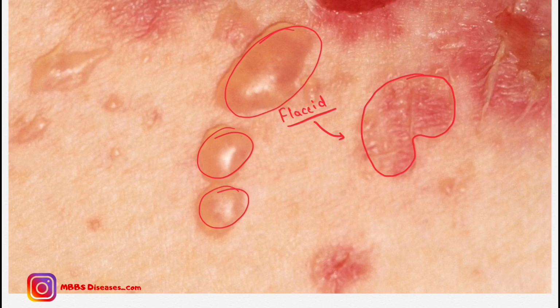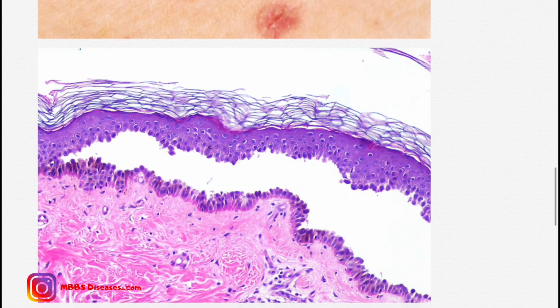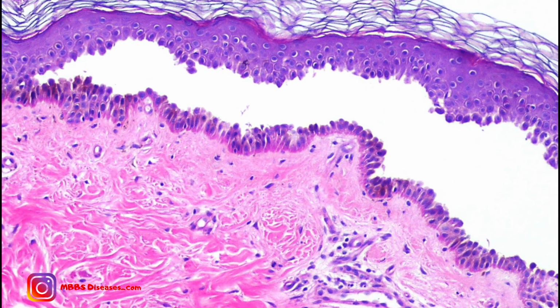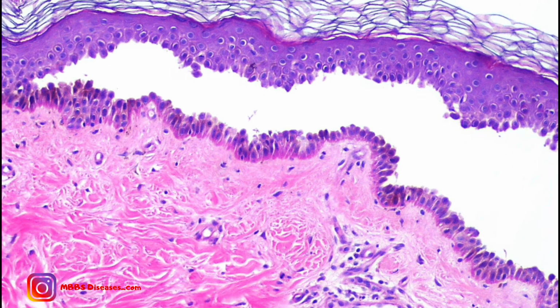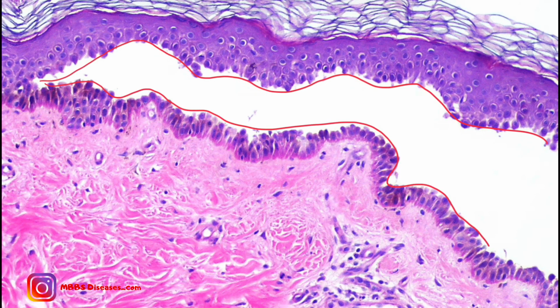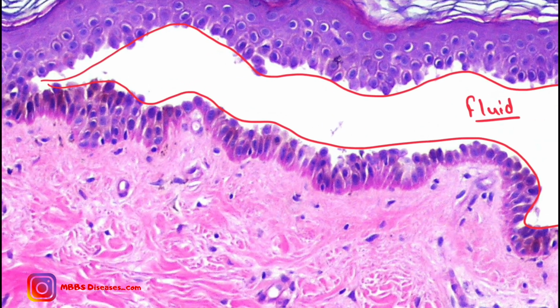Now coming to another one, which is this histology. As you can see, we can see a split here between the stratum basale and stratum corneum layers. This is a split and we have fluid inside it. Now coming to the cells.